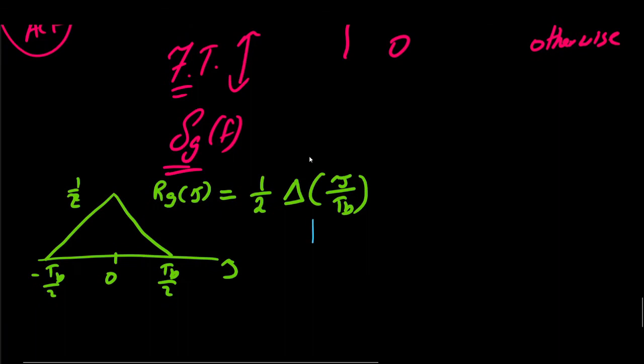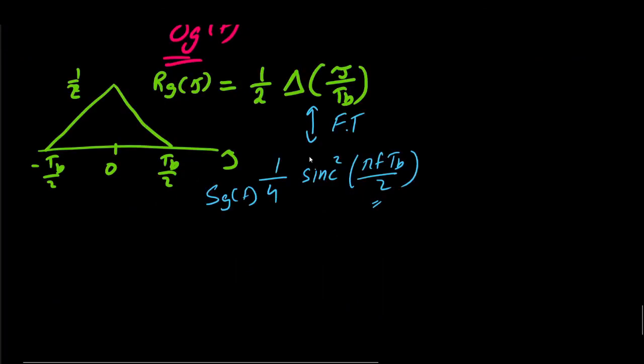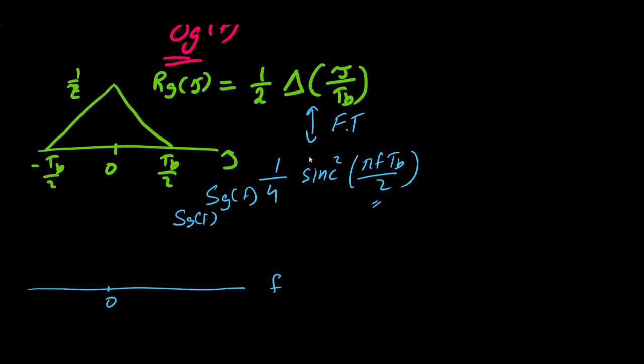We know that for the triangular function, the Fourier transform is a sinc square function, of pi f TB by 2, and the 2 would come out as well, so we would have a 1 by 4. So this is our SG of f, which at 0 is simply TB by 4.